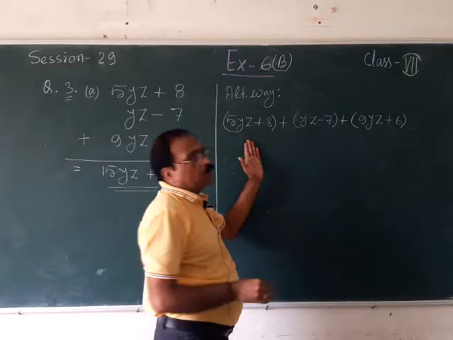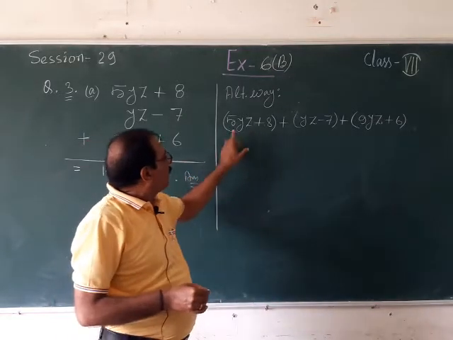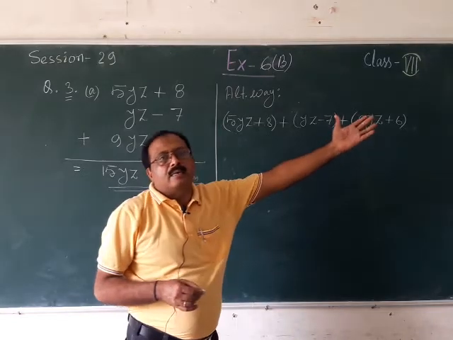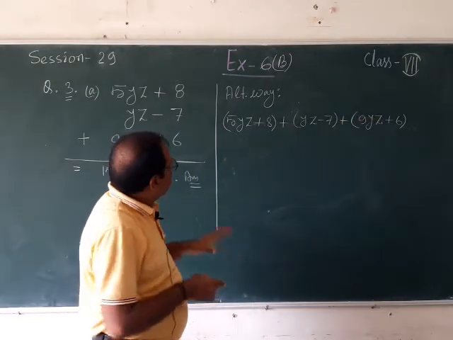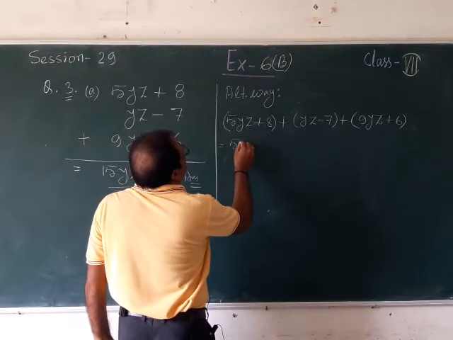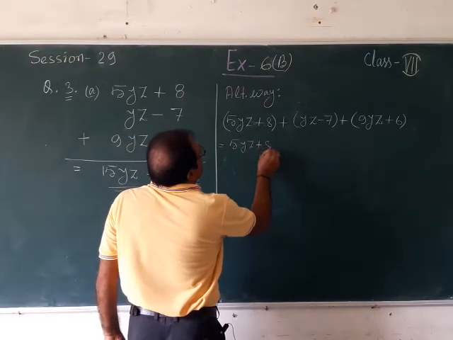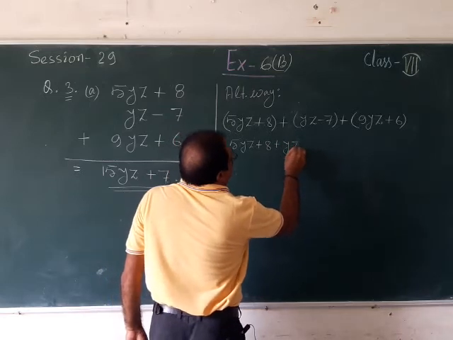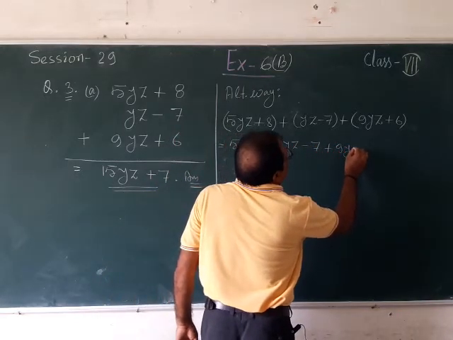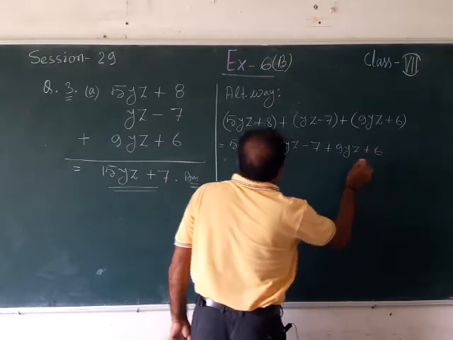Three polynomials are there: first bracket, second bracket and third bracket. After writing it, remove the brackets: 5yz plus 8 plus yz minus 7 plus 9yz plus 6.